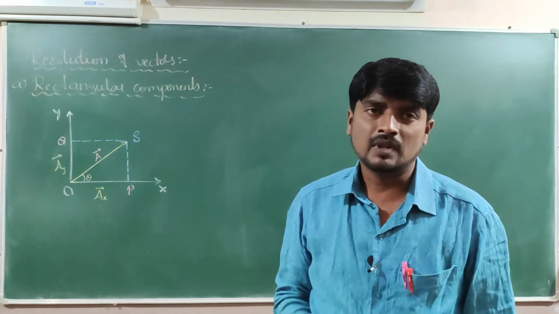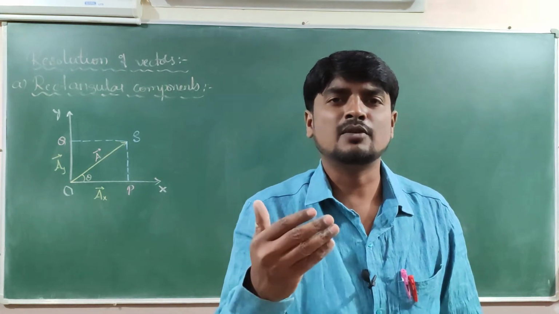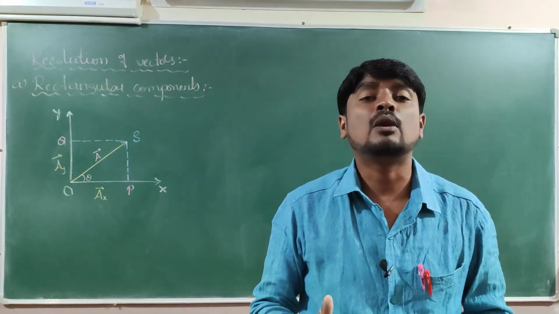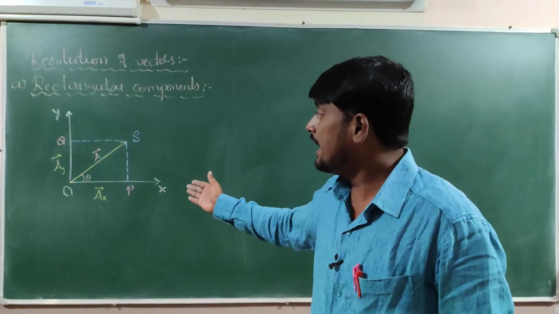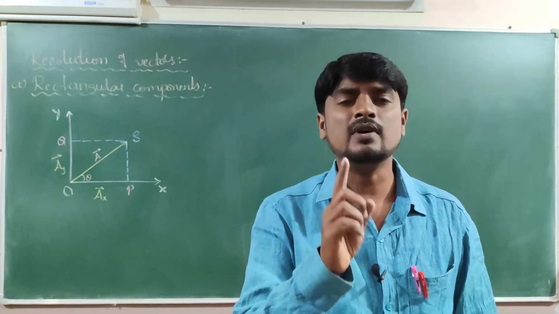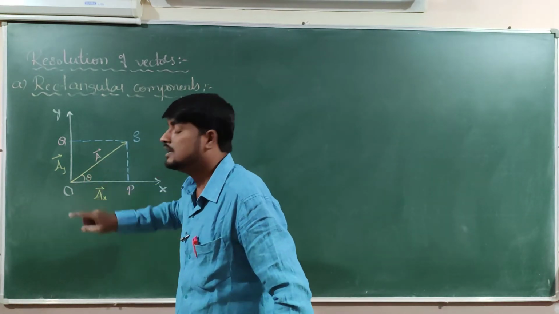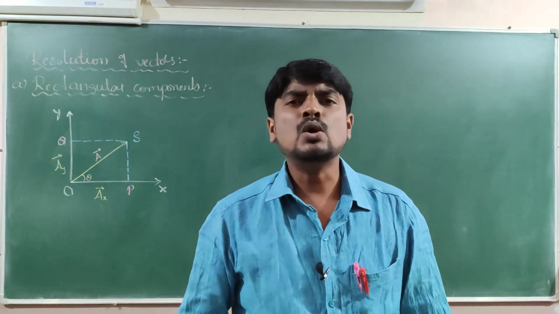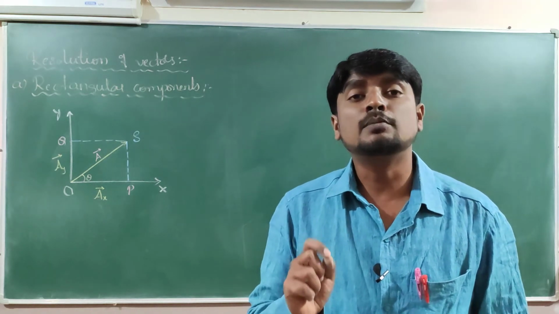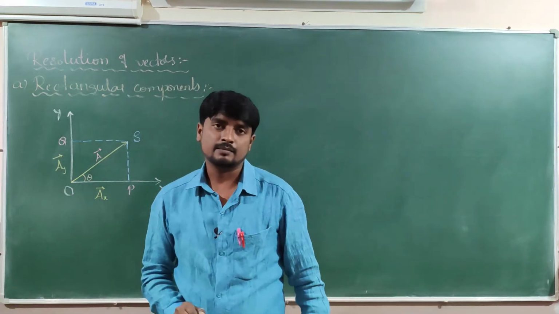Now friends, one method is already there in our textbook, which I will be sending in the form of notes, and I am explaining another method of how to calculate the values of AX and AY. I am explaining the magnitude of AX and AY with respect to A and theta. If the value of theta is given, it is possible to calculate the values of AX and AY.